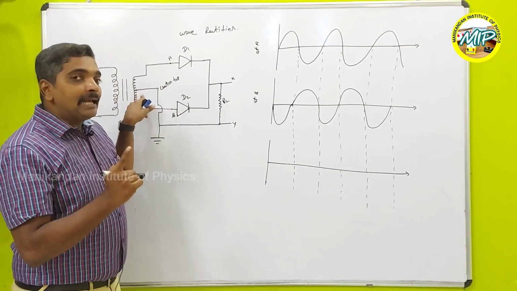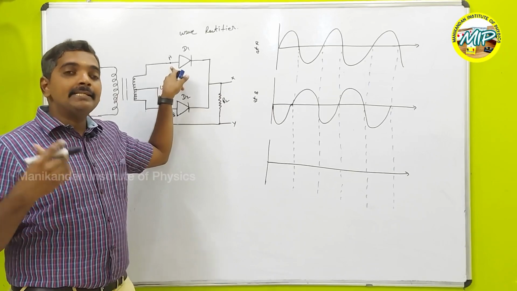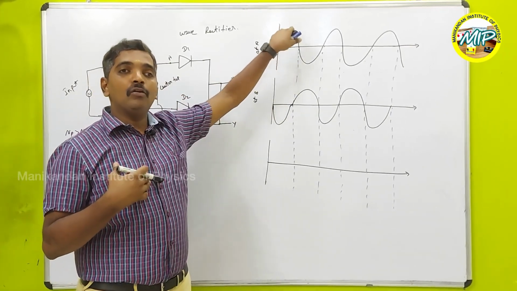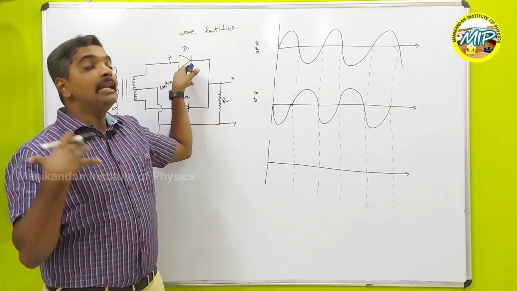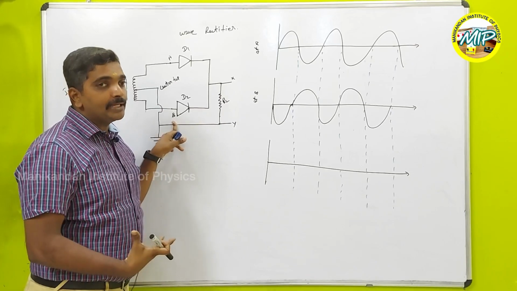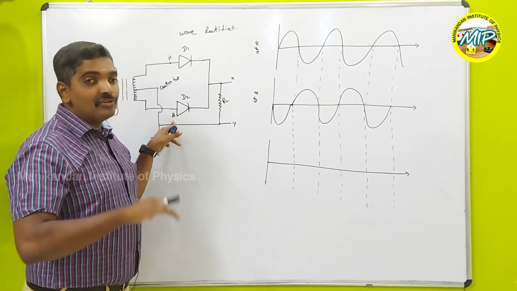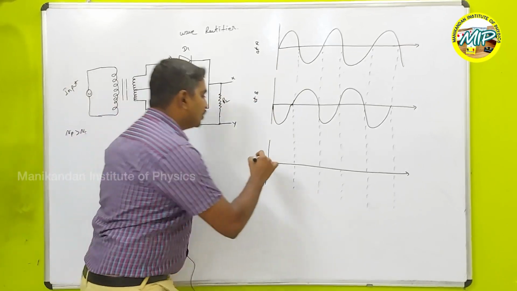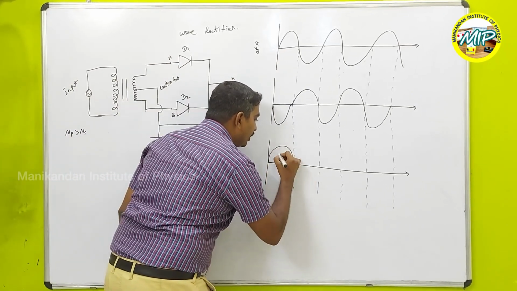With respect to the center tap, my point A is in forward bias. This is positive. So I am getting output because A will conduct. With respect to the center tap, B is a negative half cycle. Negative means reverse bias, which will not conduct. So I am getting my output from diode D1.